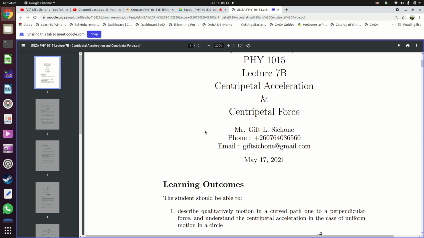All right. So like I was saying, we want to look at how much change in velocity happens when an object is moving in a circle. Because as an object is moving in a circle, for example, if you look at a car or a bus going around a roundabout, the direction in which the car or the bus is pointing changes constantly as it goes around the roundabout, despite the fact that this particular vehicle is moving at the same speed.